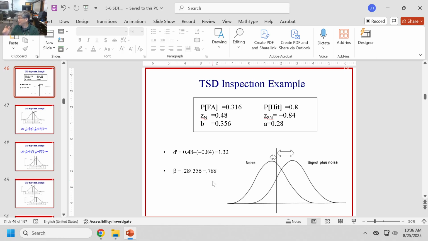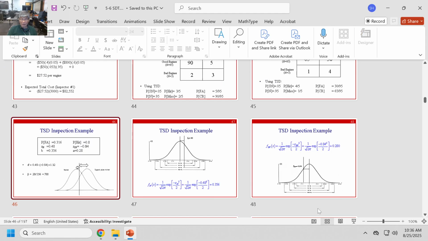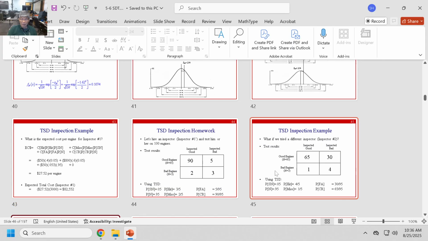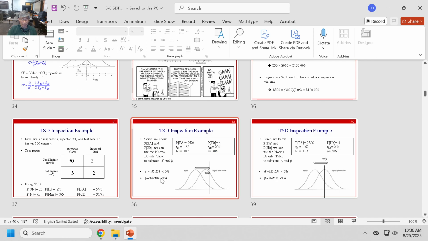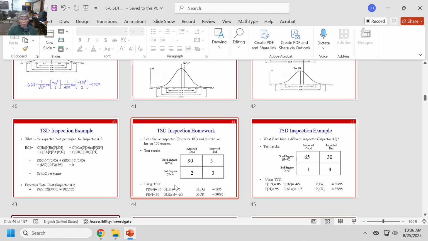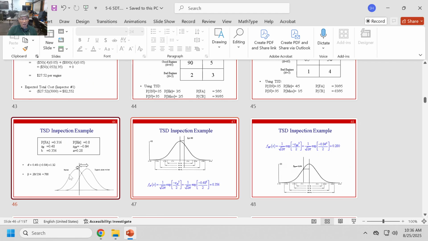He's very jumpy, so his threshold is low. Knowledge-wise, look at his knowledge: it's 1.366. So knowledge-wise, he's not as good. Inspector 2's knowledge is better.